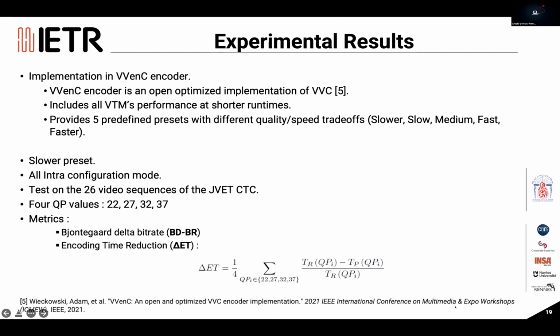We used the slower preset to evaluate this algorithm in the all Intra configuration mode over the 26 video sequences in the common test condition, over the 4 values of quantization parameter. To evaluate it, we use the metrics of BDBR and the encoding time reduction.